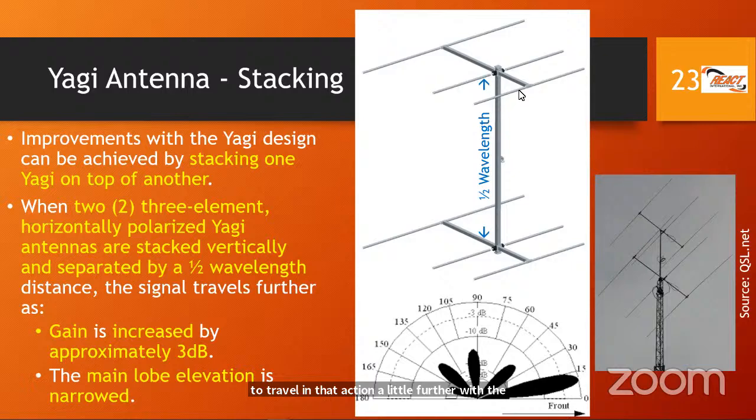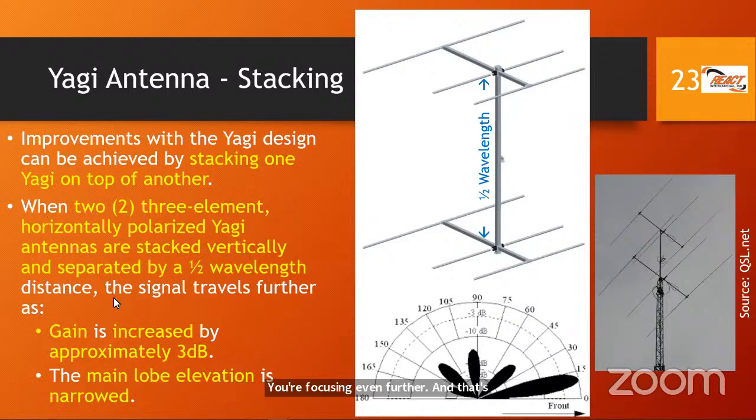We are concentrating it more. Sometimes you may recall that those flashlights, when you turn the head, you can actually concentrate the light even further into a spot or into a dot. That's what stacking of antennas does, the equivalent of the flashlight, right? You're focusing even further.